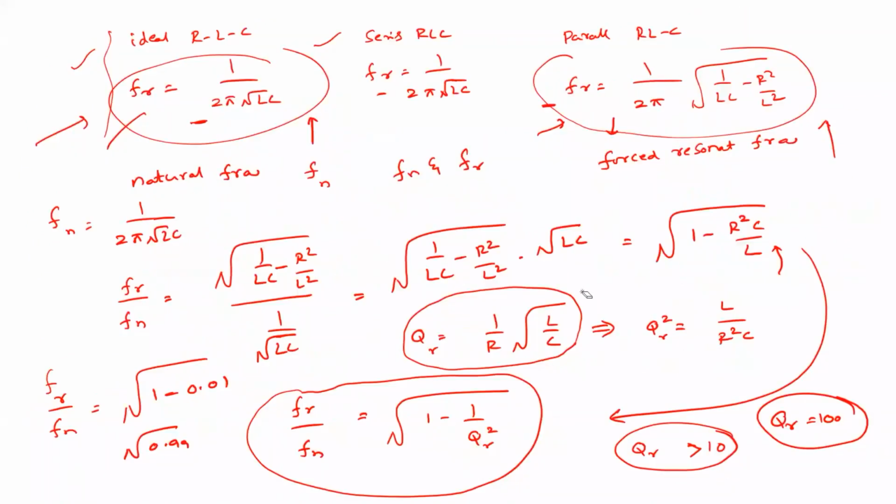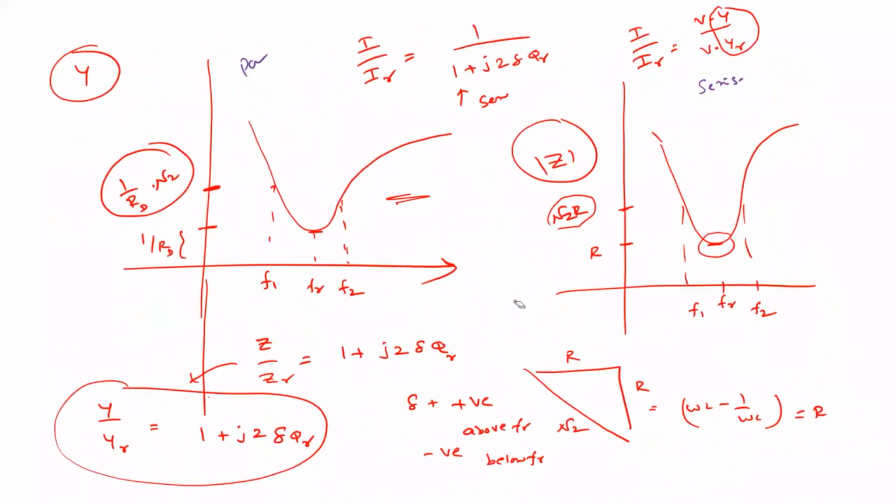Just a second. Z by ZR equals this. Sir, greater than means we have to take positive, no, sir?